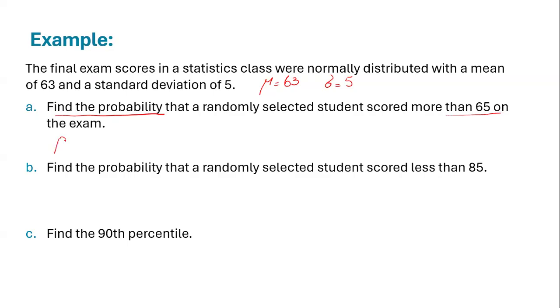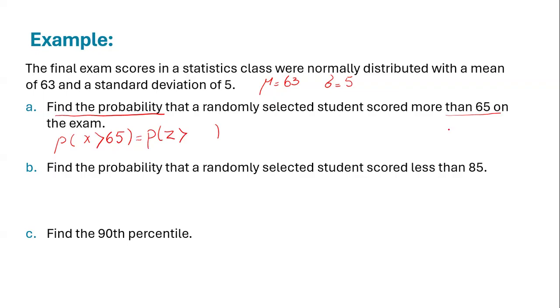So you want to find the probability when x is more than 65. When you want to find the probability, as I said, you need z, not x. So we convert x to z first. We need to find z, and see z is more than what number?